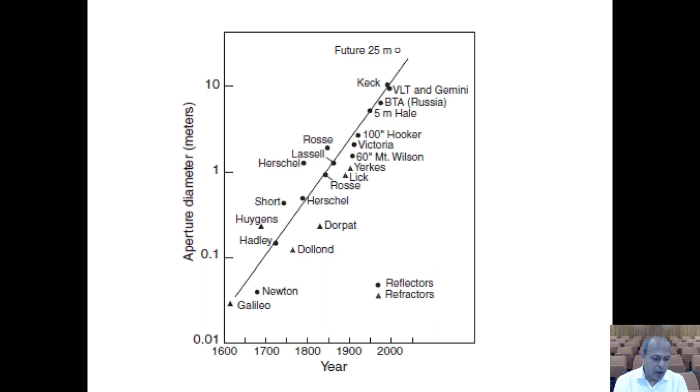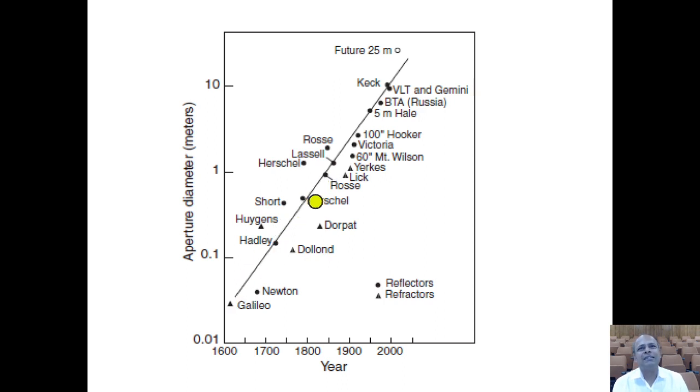So this is how the astronomical community has been fabricating optical telescopes with larger and larger diameters. The y-axis is the aperture diameter of optical telescopes, and the x-axis is the year. We started with the Galileo telescope, maybe 1 or 2 inch, and we kept on increasing.